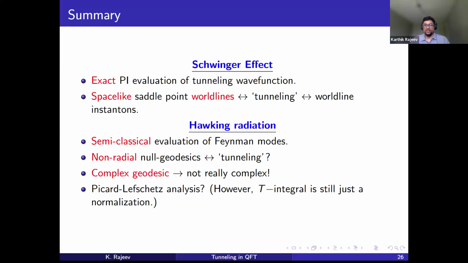It is those kinds of world lines that give rise to pair creation. The nice thing about the Schwinger effect is that you can show the exact world lines.